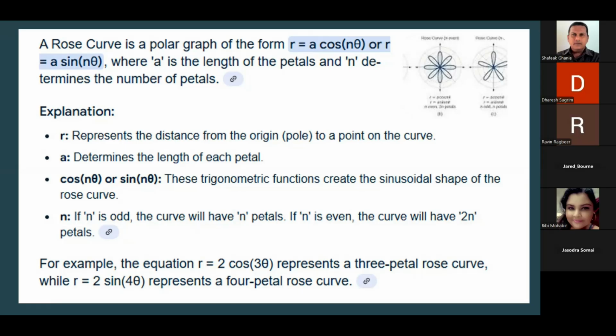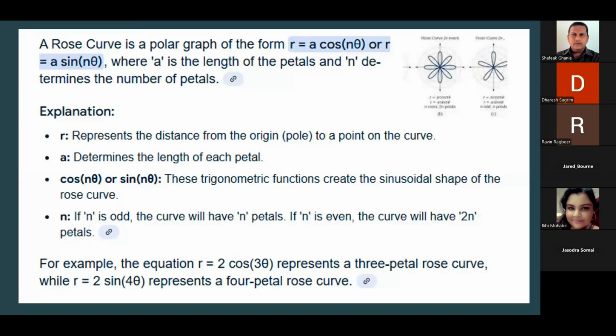Let me tell you what each of those letters signifies in the form that the rose curve normally takes. r represents the distance from the origin, or the pole, to a point on the curve. The a determines the length of each petal, and cos or sine, those two trigonometric functions, create the shape of the rose curve.